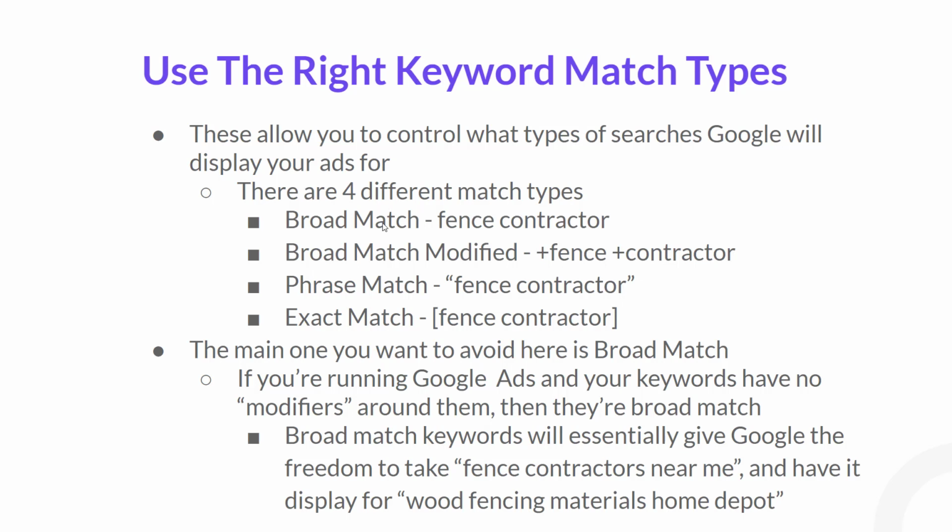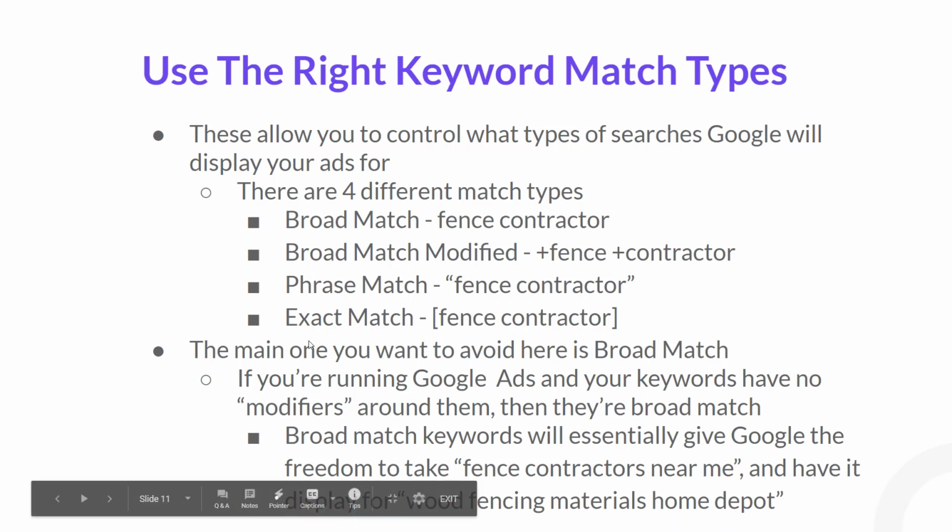So broad match is a little iffy. Broad match modified is going to show your ads to searches that contain these two words. They don't have to be in this order, but these two words need to be contained in the search. Phrase match is going to show your ad for searches that contain this phrase in it. And then exact match is going to show your ads for this exact keyword. If somebody types fence contractor into Google and it's that exact keyword, it's going to show your ads for that.